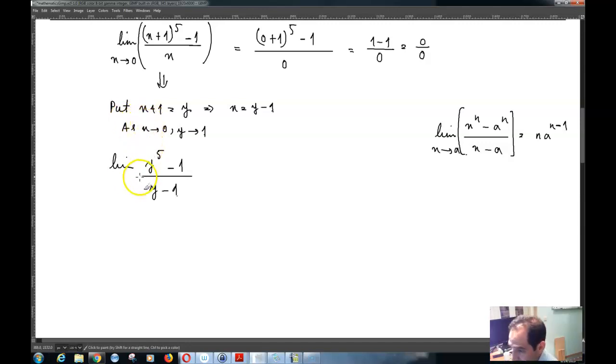So then I can write this as the limit of y raised to the power 5 minus 1 over y minus 1 as y tends to 1. And of course I can write this as 1 raised to the power 5, which is the same thing as 1. And so now this is the same form as this. So I can write it as n times a, which is 1, raised to the power n minus 1, raised to the power 4, which is equal to 5.